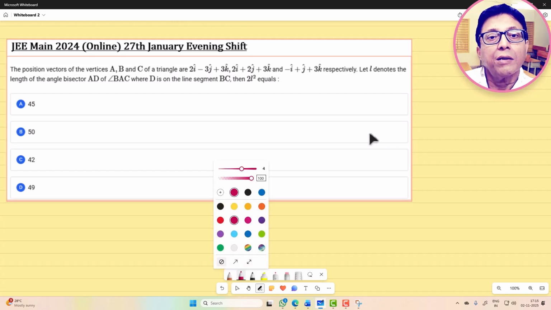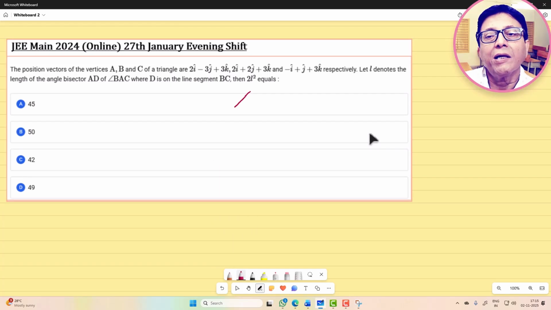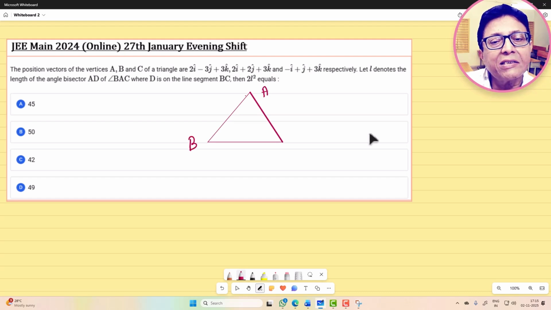And then you have to find 2L square. Length of angle bisector, not a confusing term here. D is the bisector of angle A.